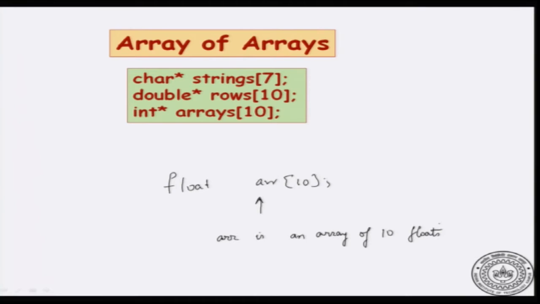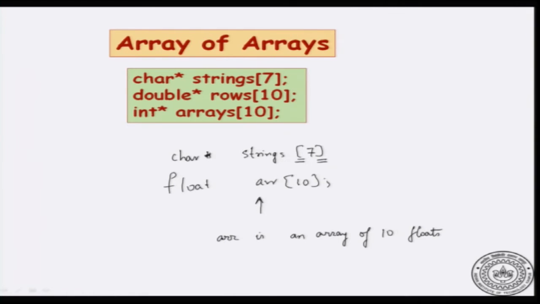If I have a more complicated declaration like char *strings[7], okay. So, notice that the precedence for the square brackets is higher than that of the precedence for star.